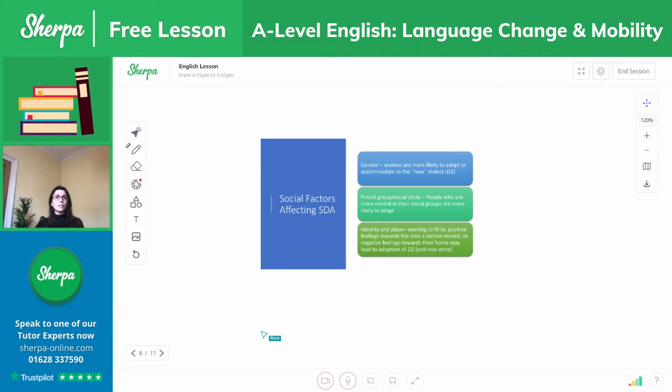Women are more likely to adopt or accommodate to the new dialect, or D2.